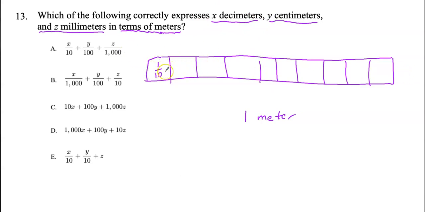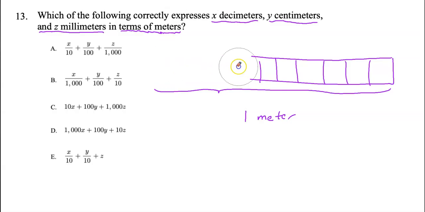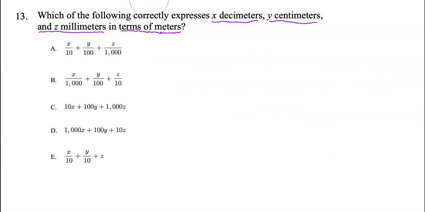So this distance from here to here would be 1 decimeter, assuming this whole thing from all the way here to here is a meter. So this would again be 1 decimeter. So a decimeter is 1/10 of a meter.